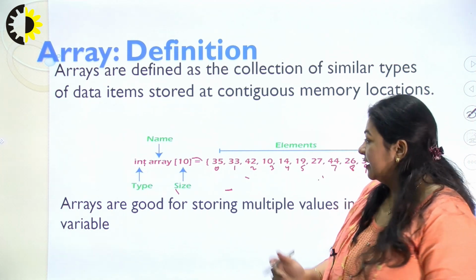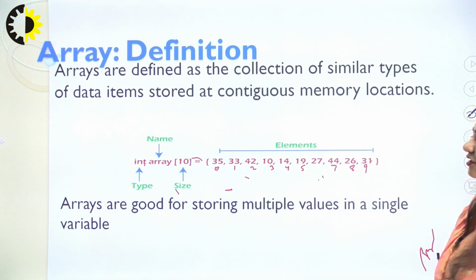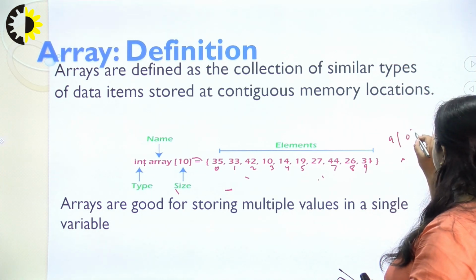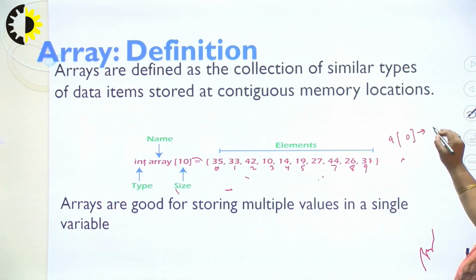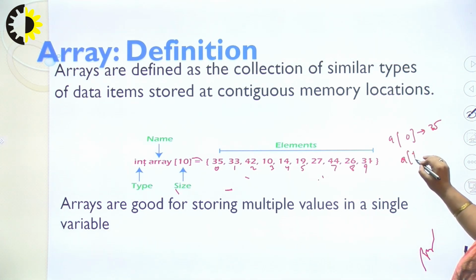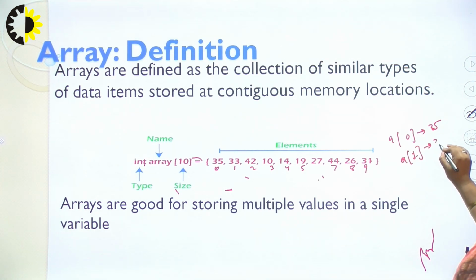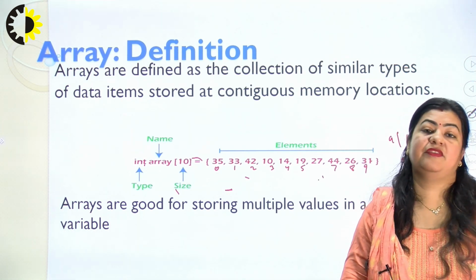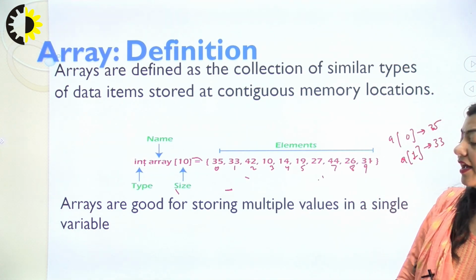Different index values store different elements. Suppose index A0 is storing the element 35 and index A1 is storing the element 33.